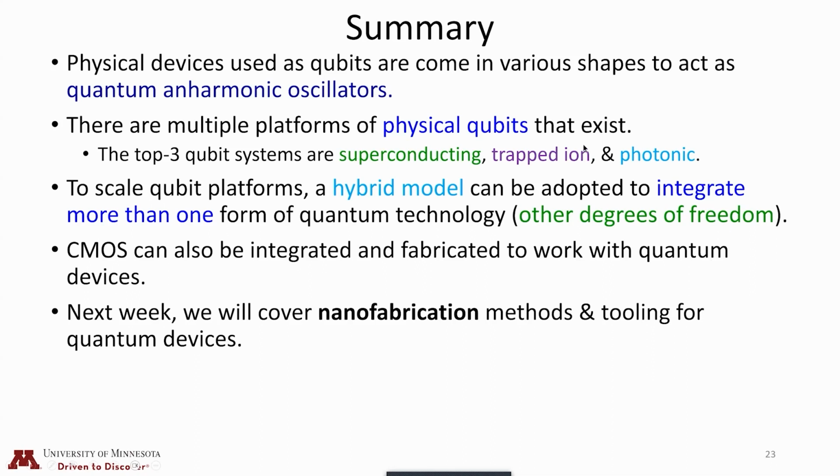And we showed some examples of superconducting, trapped ion, photonic systems, and some other kinds of chips. And then we also talked about some CMOS components that we briefly mentioned, which can be used to miniaturize the control components that are often bulky.